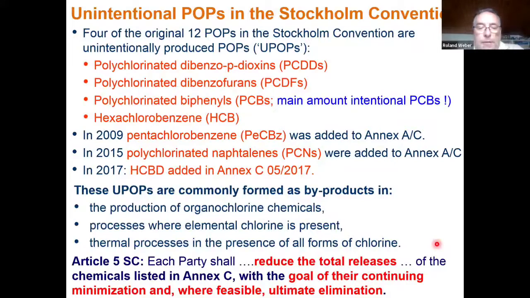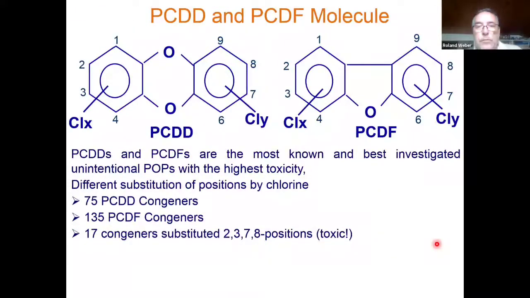And Article 5 of the Stockholm Convention for unintentional POPs states that each party shall reduce the total release of the chemicals listed in Annex C with the goal of their continuing minimization and, where feasible, ultimate elimination. So that's the goal for unintentional POPs in the Stockholm Convention.